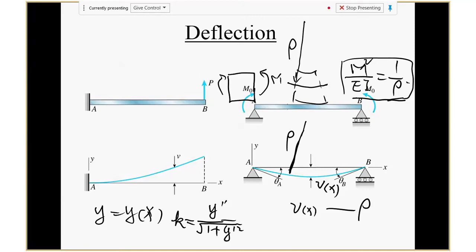All right. Now, for this case, I'm trying to find this V(x). So what's the curvature of this curve V(x)? Should that be k equals V double prime over (1 plus V prime squared) to the 3/2 power, right?